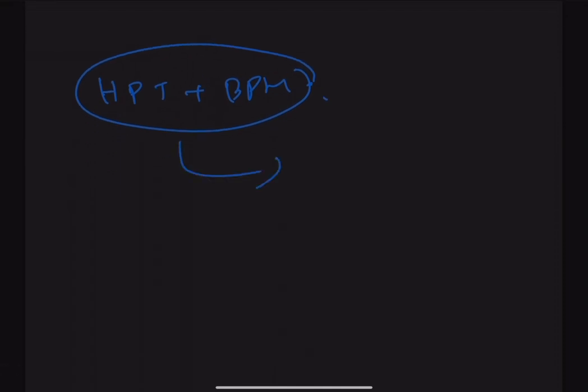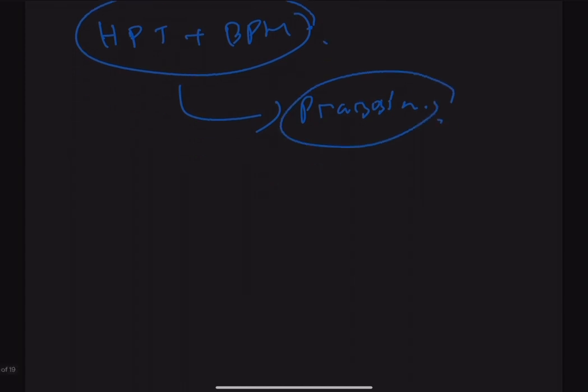And if there is a person with hypertension with benign prostatic hypertrophy, we mainly choose the prazosin, terazosin, or doxazosin for their treatment because it is selective to alpha 1A, alpha 1B, and alpha 1D subtype.